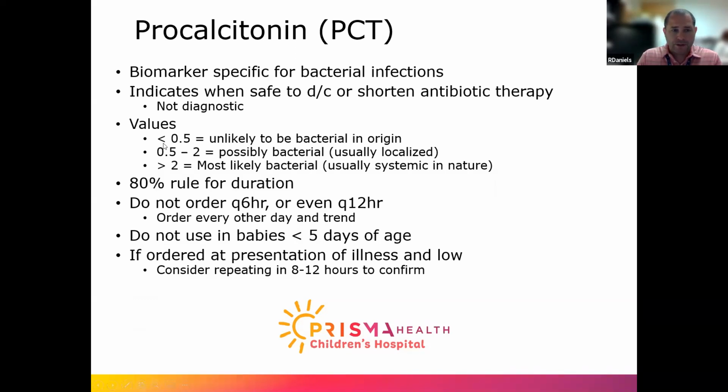So I don't know why we don't have 0.5 as the cutoff, but 0.5 again is your cutoff. So anything less than that is very unlikely to be bacterial in origin based on a procalcitonin. 0.5 to 2 is localized or greater than 2. Really, you want to just know less than 0.5 is less likely to be bacterial.